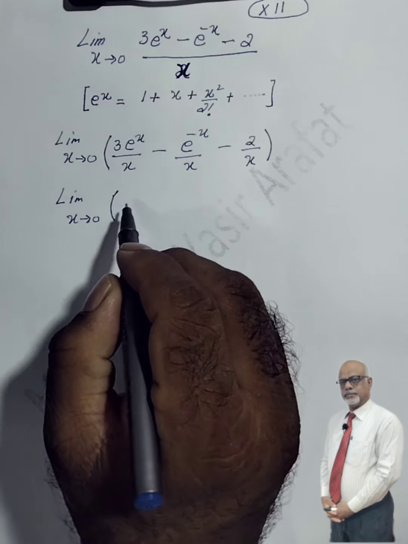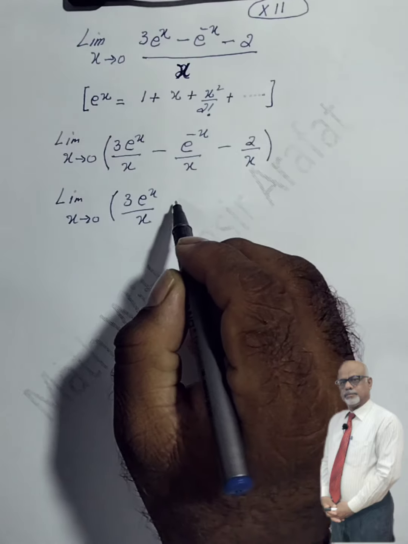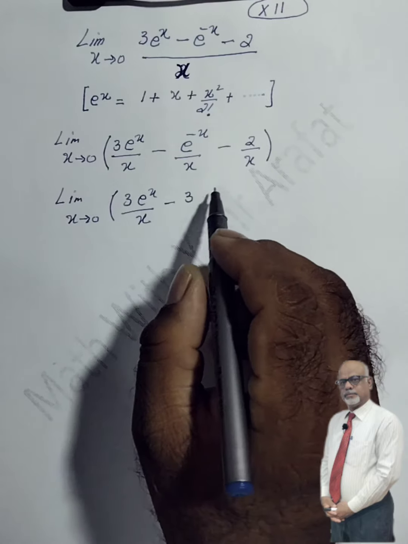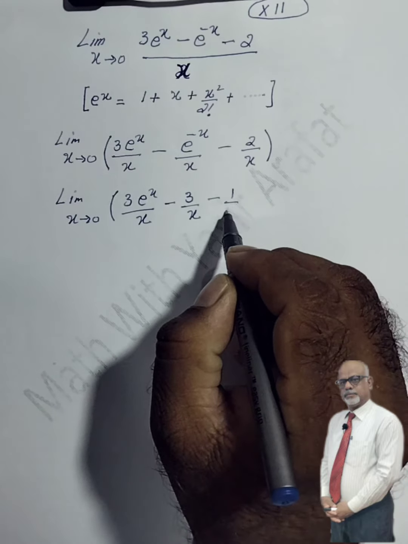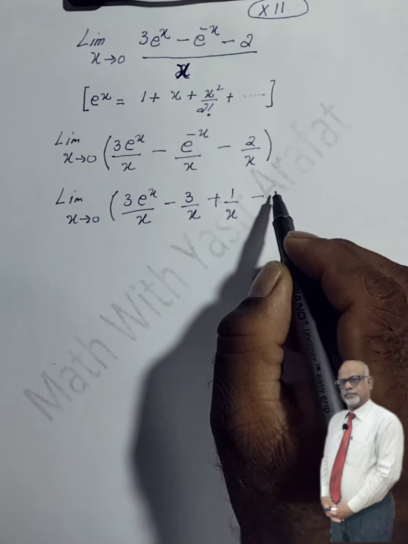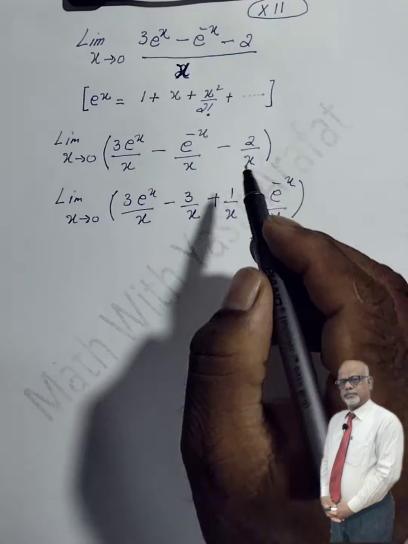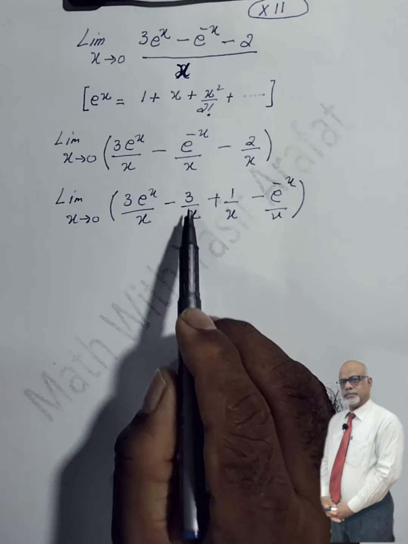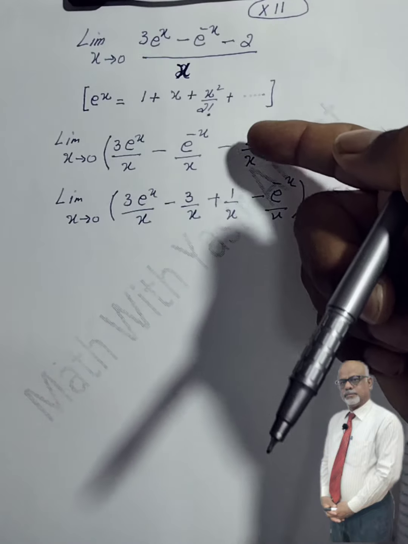This is 3e^x upon x, and this is minus 3 over x, minus 1 over x plus 1 over x, and that is e^(-x) upon x. Dear students, this is 2 over x, and we have to write down minus 3 upon x plus 1 upon x. It is equal to minus 2 upon x.